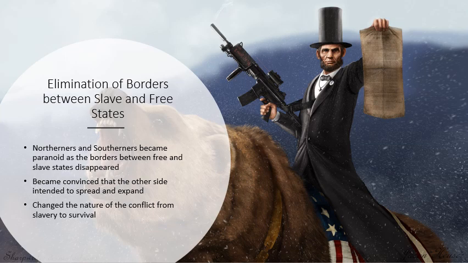And this really changed the nature of the conflict from slavery to survival. So it goes from being in conflict over slavery to the idea that the other side is trying to overthrow the institution and overthrow your way of life, or bring the institution of slavery into your territory and overthrow your way of life. So it really goes to something way more extreme. And this is what's going to lead to the Civil War.